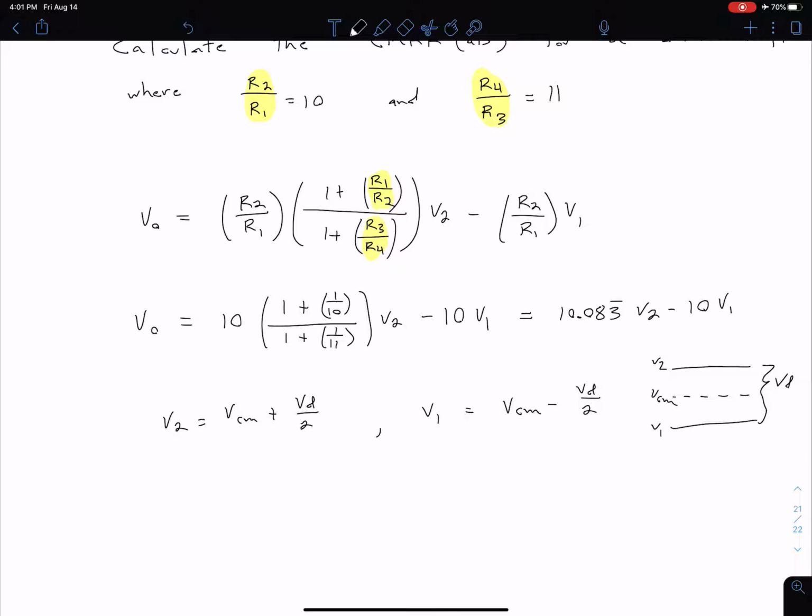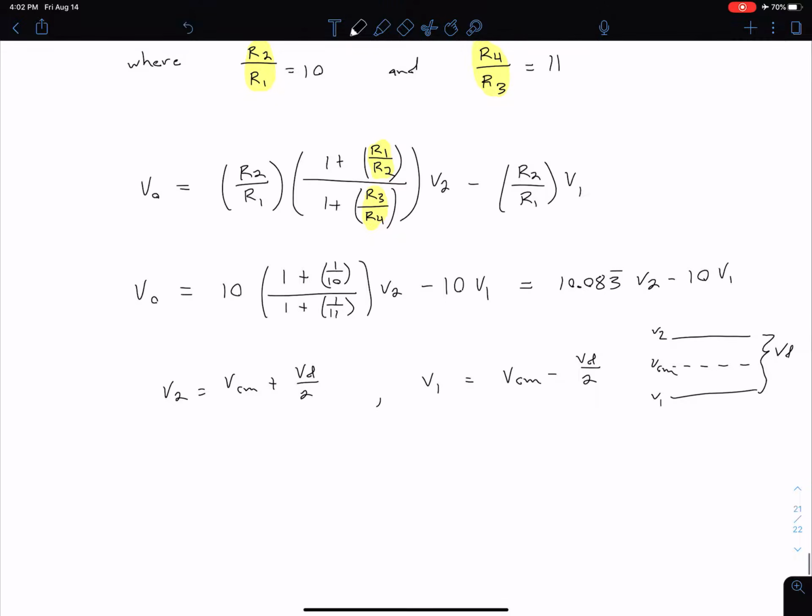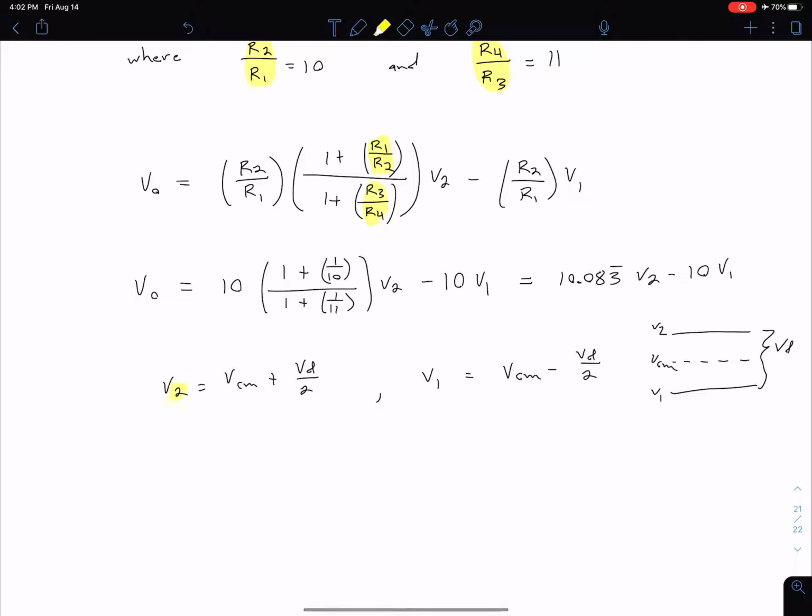At any rate, we can plug in for V1 and V2, and then we're going to get our expression in terms of V common mode and VD, and then ultimately we can relate that to our general expression to get our differential and common mode gains. So we're going to take our V2 and put it right here, and our V1 and put it right here.